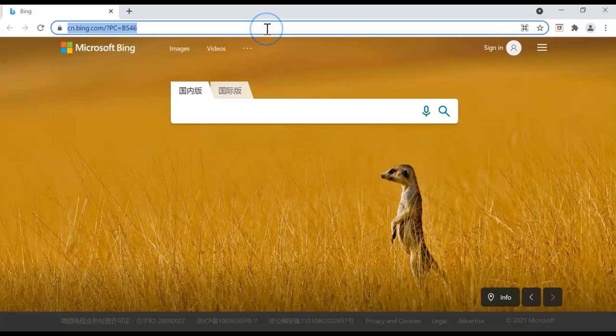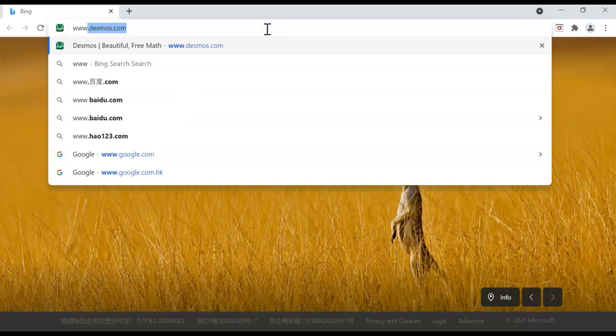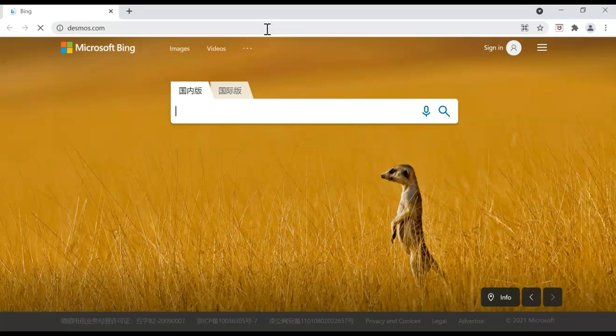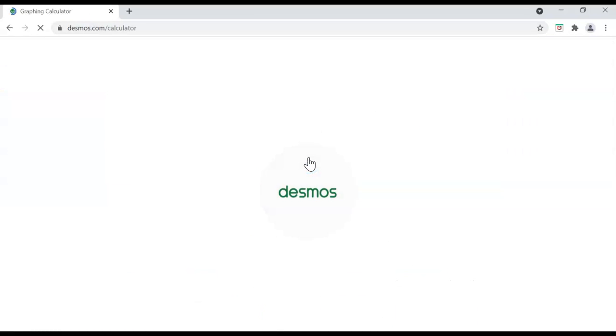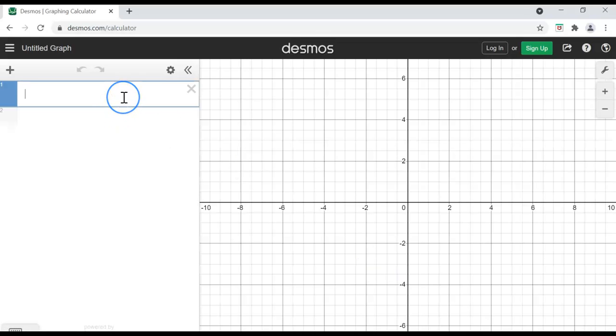Alright, so just open the browser, www.desmos.com, graphing calculator, loading a bit slowly today. Alright, here we go.